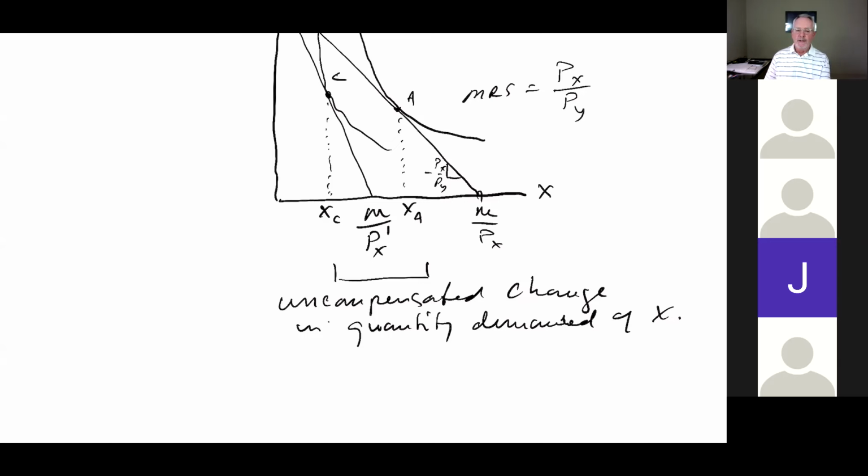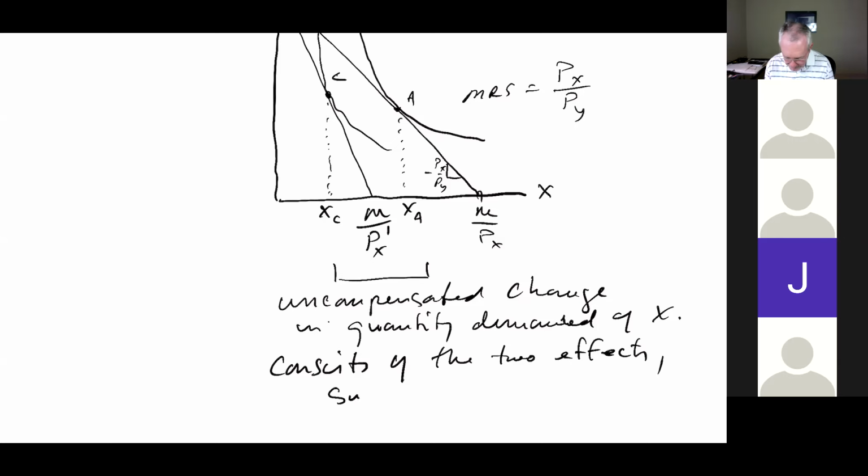Right? So that's the uncompensated change. But we know that it consists of the two effects that we want to separate out.